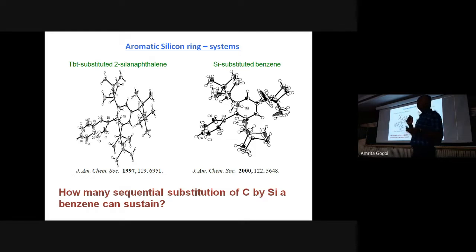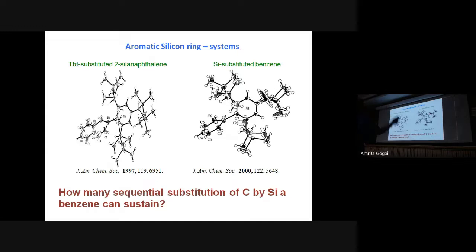Now the question, and this is a place where I think as a theoretician we can make a contribution: is the stability of this molecule, with a silicon instead of a carbon, a consequence of this big bulk, or is it an inherent property? We can always do a small computation to see whether, even without those bulky groups, these molecules are stable or not. This is a very simple question which we started to ask.